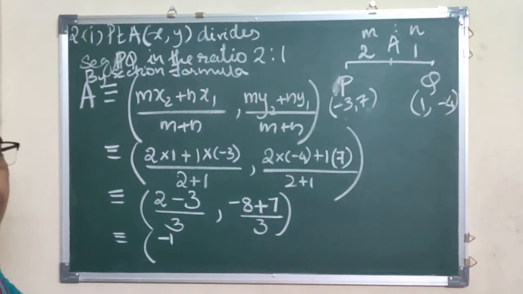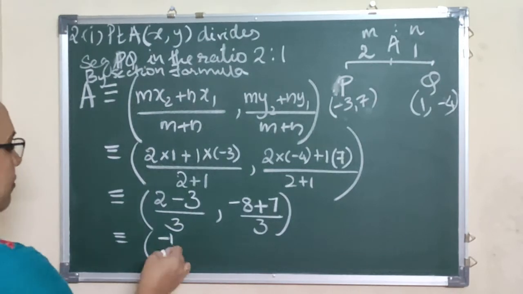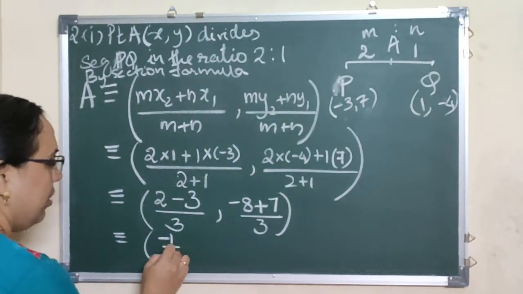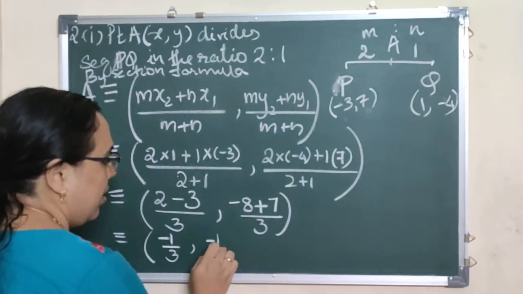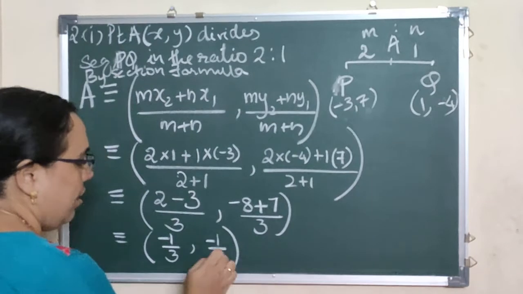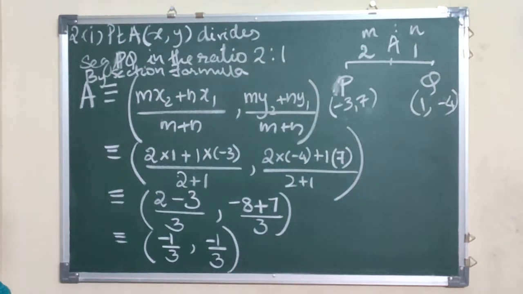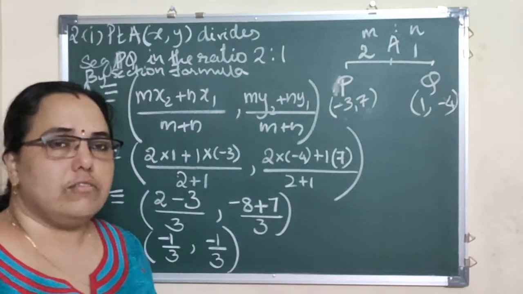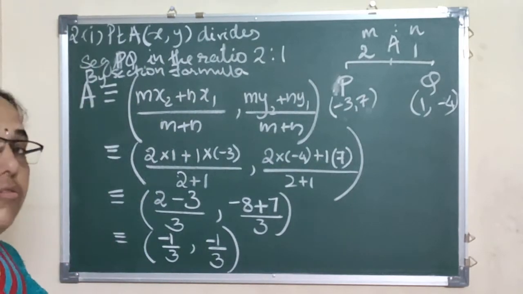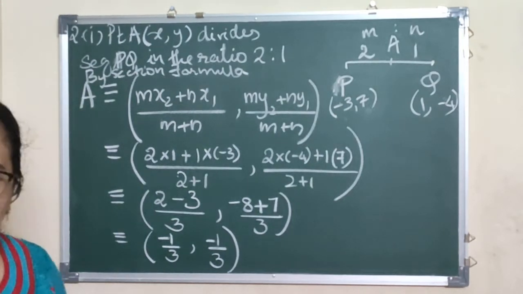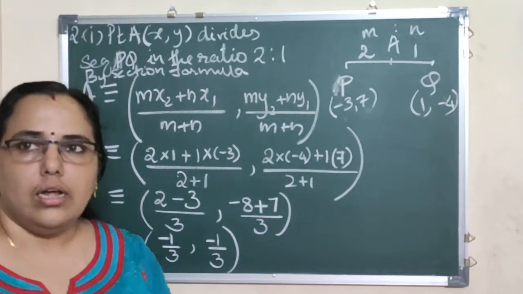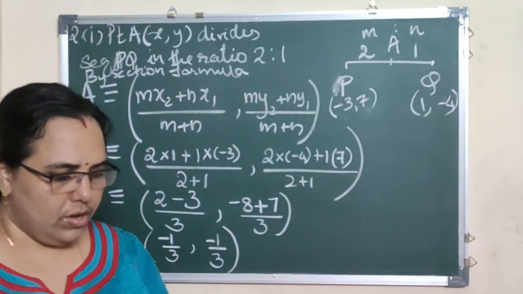Why minus sign? Because the greater number has a minus sign. So minus 1 upon 3. Here also you get minus 8 plus 7, so minus 1. So the answer is minus 1 upon 3 comma minus 1 upon 3. Got it? So this is the coordinate of point A. Is that clear?